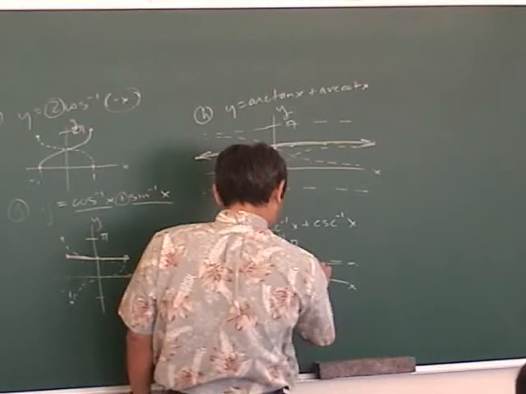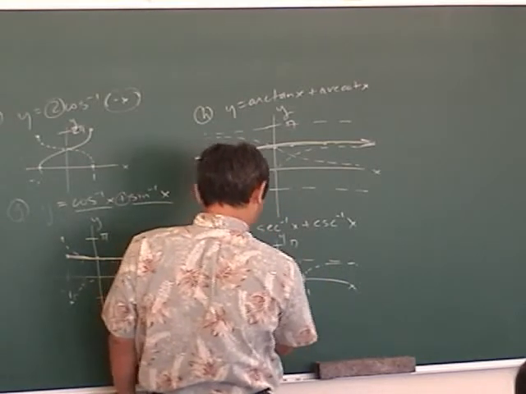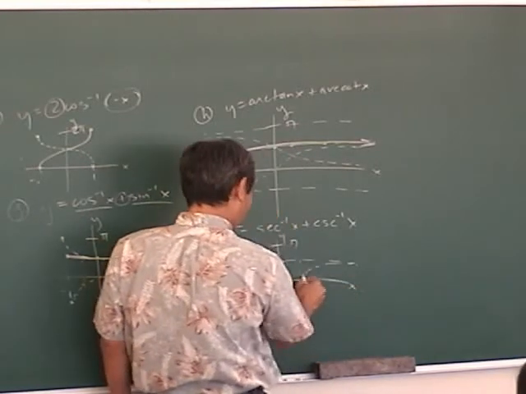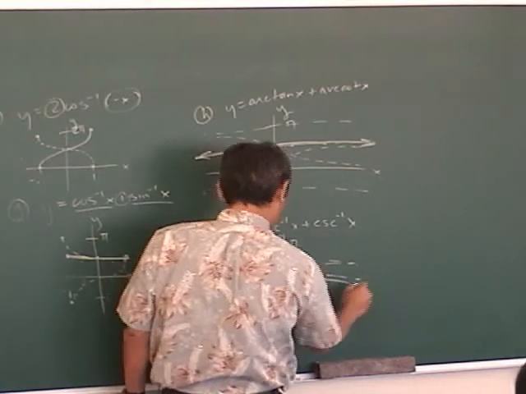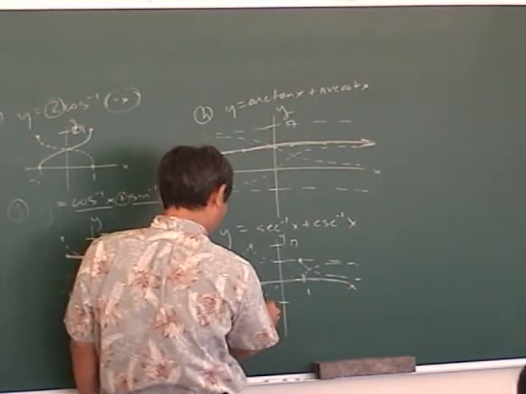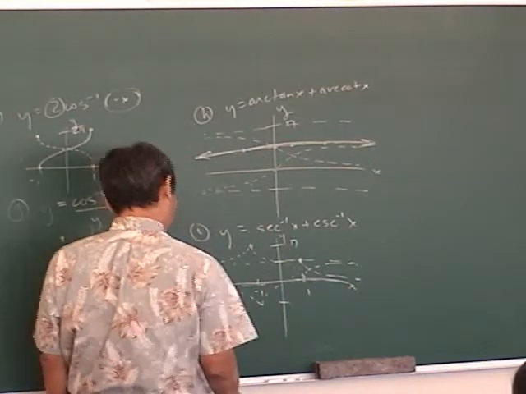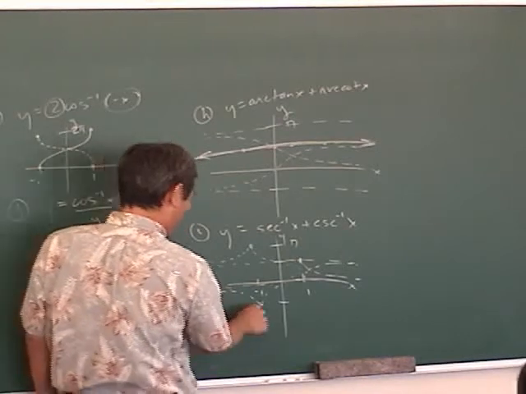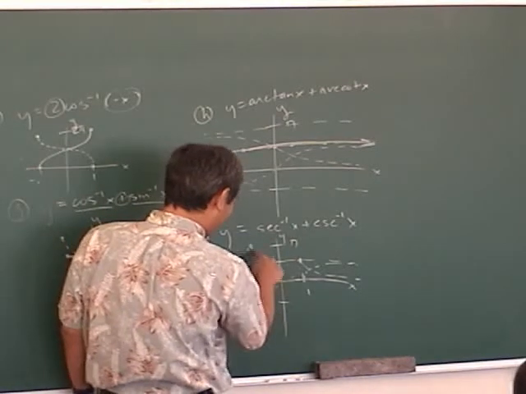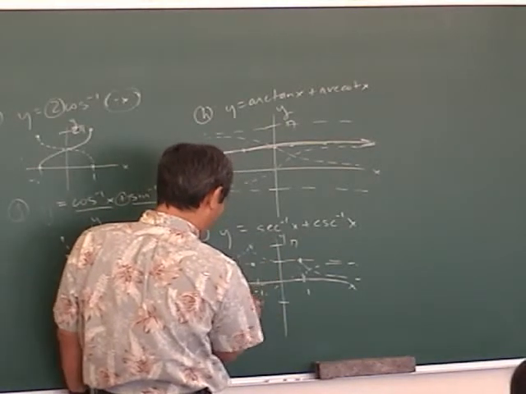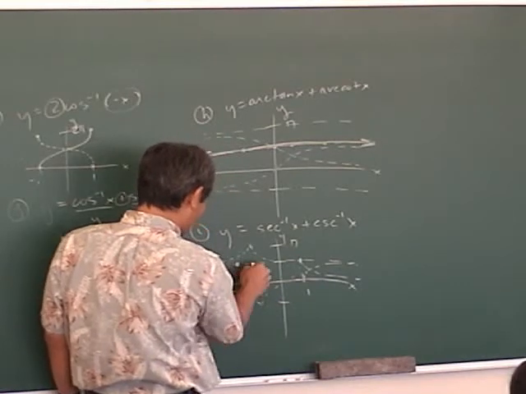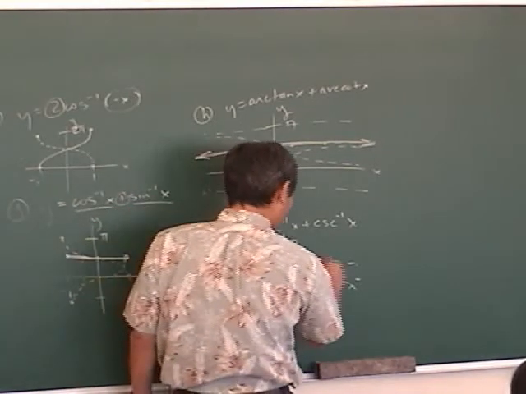Sine inverse looks like this. So the horizontal asymptote will be here, and then you hump right, and then you hump left. And again, what happens when you keep adding? Negative pi over 2 plus pi is pi over 2. Every time you add, it comes out pi over 2. So that's why you get this and that.